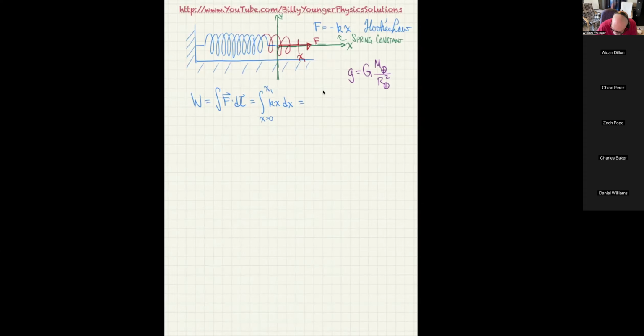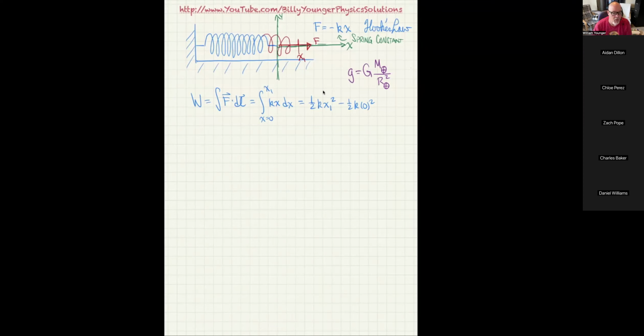What we know is the integral of kx is 1 half kx squared, so we get 1 half k x1 squared minus 1 half k 0 squared. So that's the work required to stretch a spring, and you could also do the same calculation for compressing a spring and you get the same results. But that is the work done in stretching a spring from the equilibrium position to a distance x1.